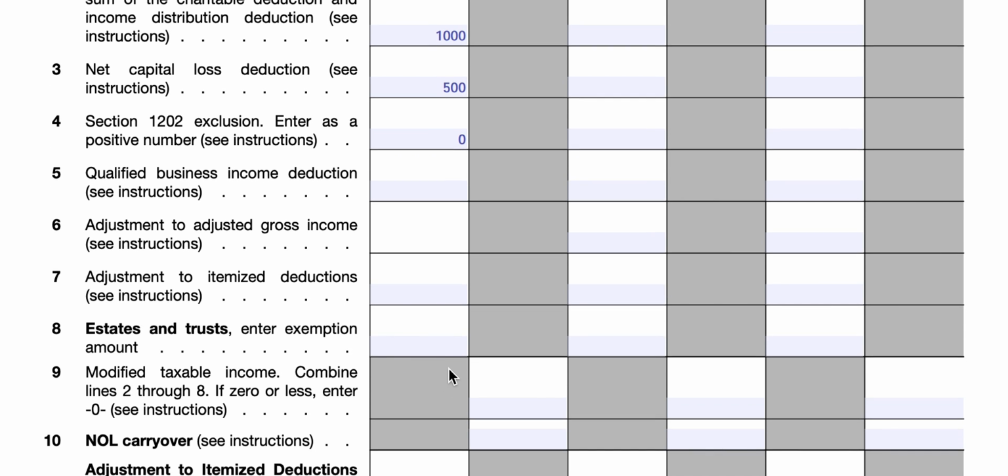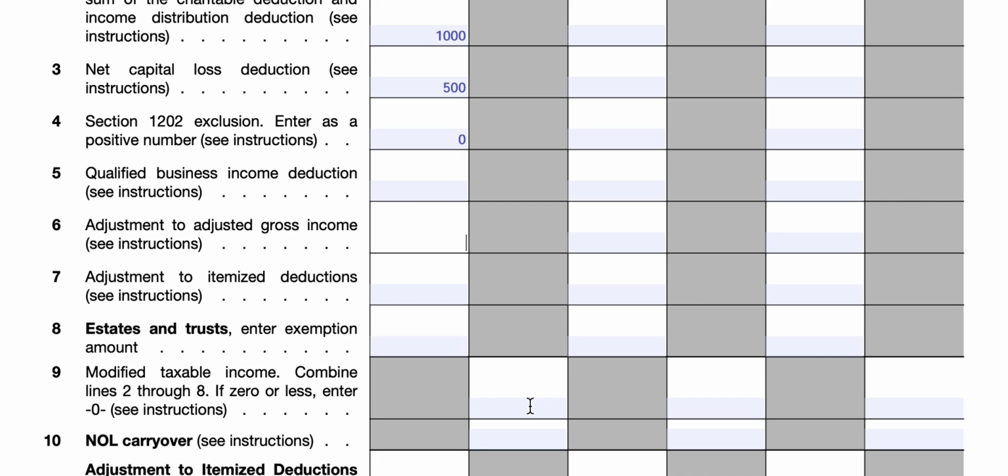Line 8 is for estates and trusts only. In this case, you'll enter the exemption amount that applies to you. In line 9, actually, you'll combine lines 2 through 8 to arrive at line 9.